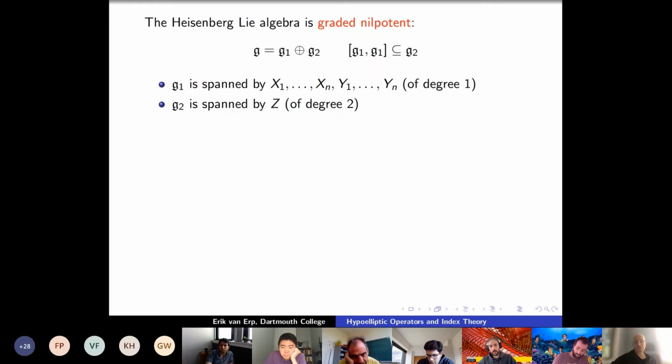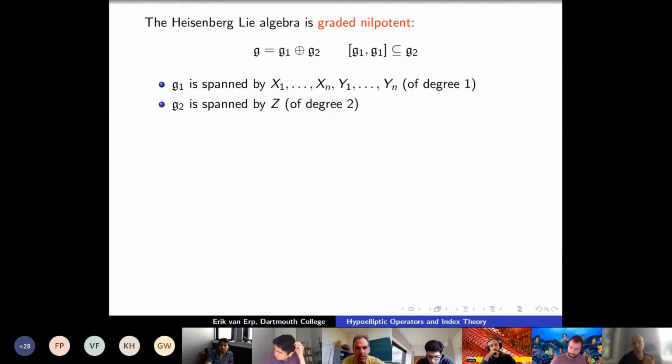The second thing that's important is to observe that the Lie algebra here, this is a nilpotent group, and it's graded in a natural way. You can think of the vector fields X and Y just ordinarily as having degree 1, but the Reeb field is given degree 2. This again is analogous, in sub-Riemannian geometry, to the direction transversal to the contact directions being weighted very differently, right?